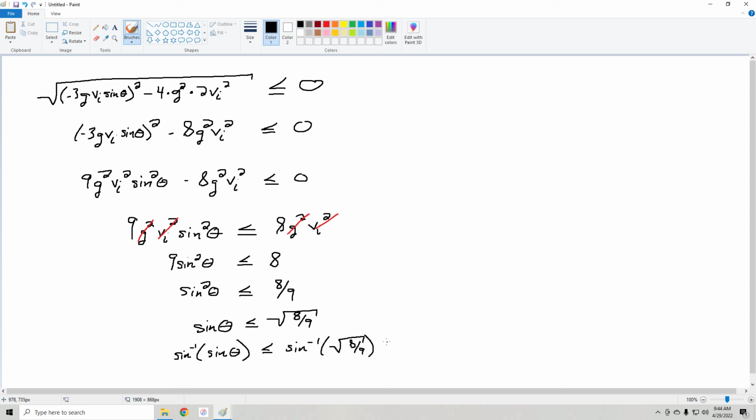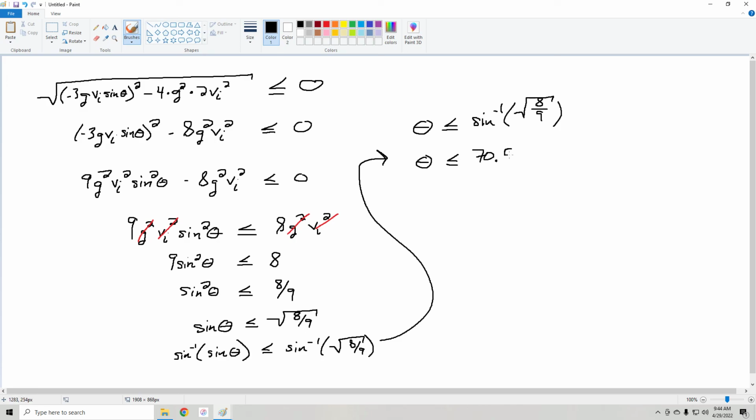This tells us that theta is less than or equal to the sine inverse of the square root of 8 over 9. What is that value? When you plug that into your calculator, converted to degrees, it says that theta is less than or equal to basically 70.5 degrees.